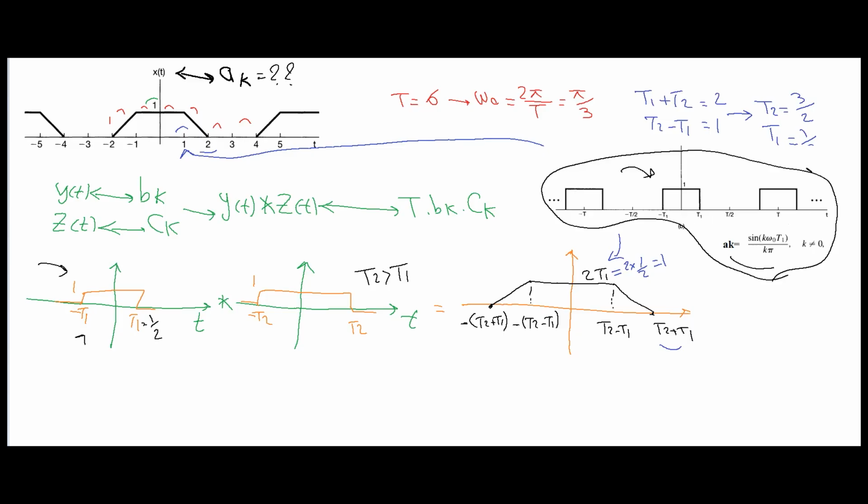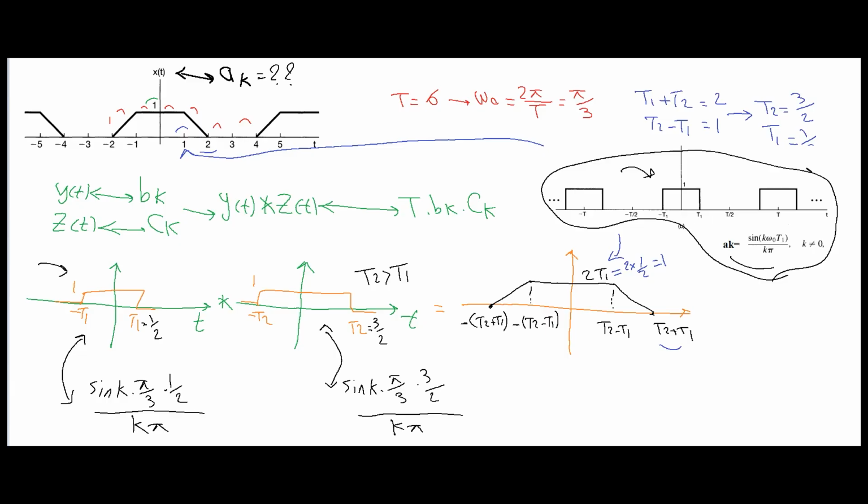Check the link above. So, for the first pulse, coefficients are sin(kω0·1/2) divided by kπ. And for the second pulse, coefficients are sin(kω0·3/2) divided by kπ.